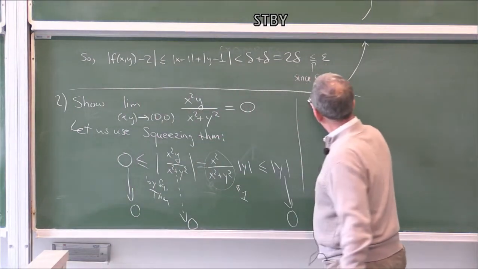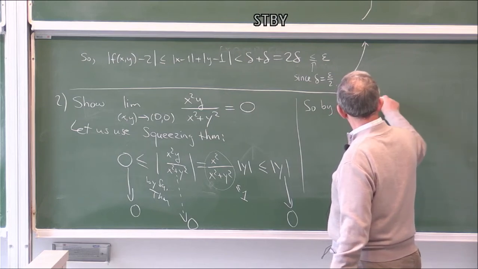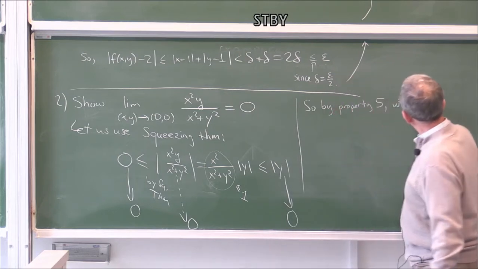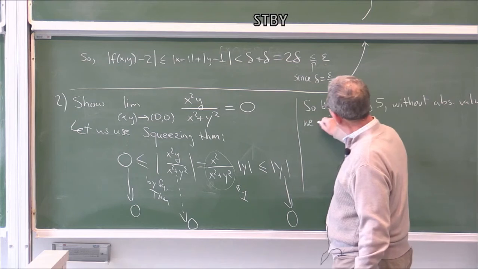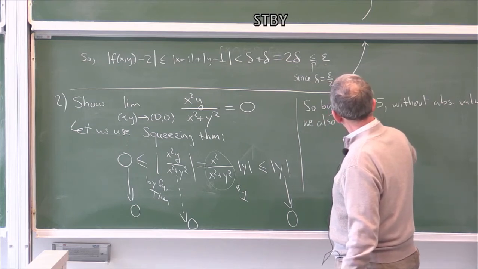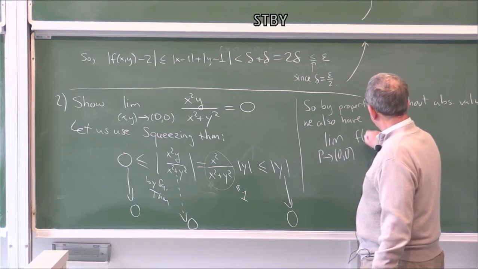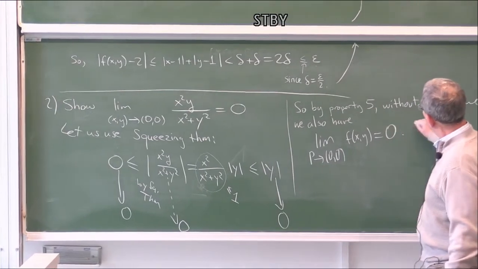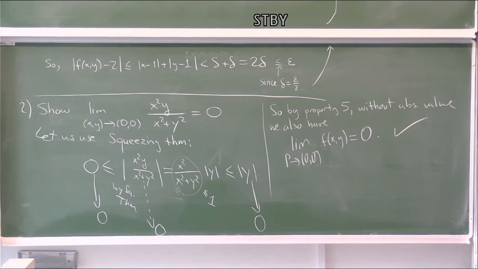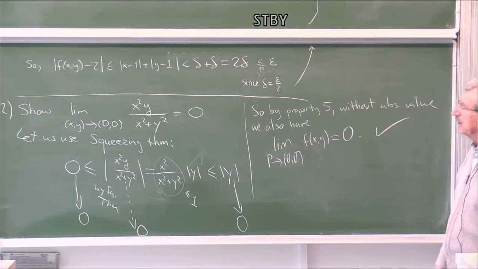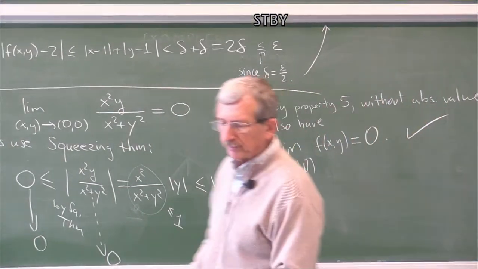So by property 5, without absolute value, we also have that the limit as p goes to (0, 0) of f of (x, y) is 0. So we can use either the squeezing theorem or the definition to show a certain limit exists at this point so far.